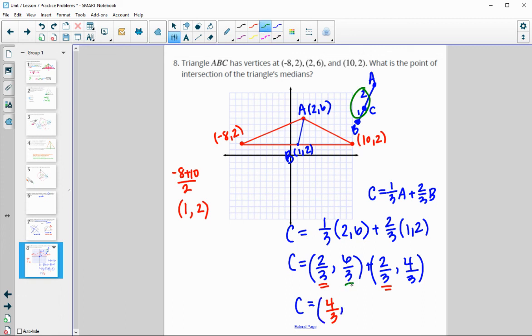And then 6/3 plus 4/3 is 10/3 for our y coordinate. And so this would be the point that those medians meet at. And if we kind of just look at where we think a 2-to-1 ratio would be, maybe about here, 4/3 is a little bit over 1 and 10/3 is a little bit over 3. So that makes sense. So 4/3, 10/3 would be the point that the medians intersect at.